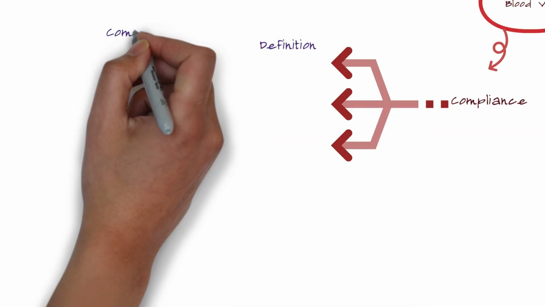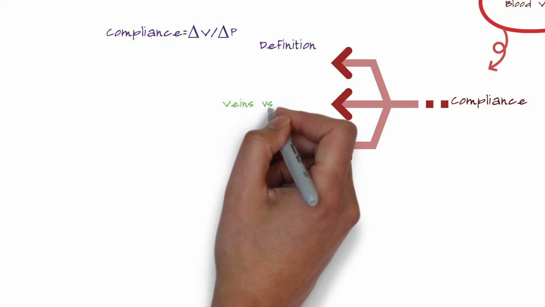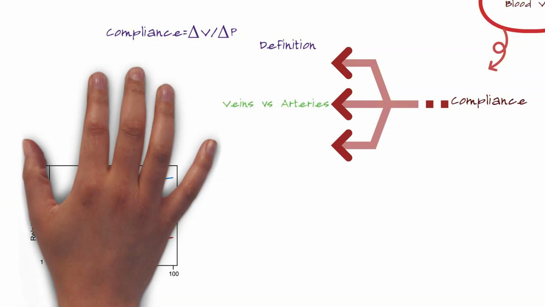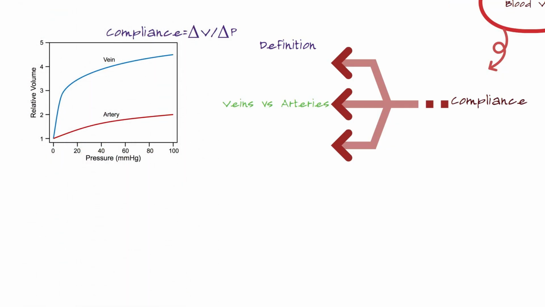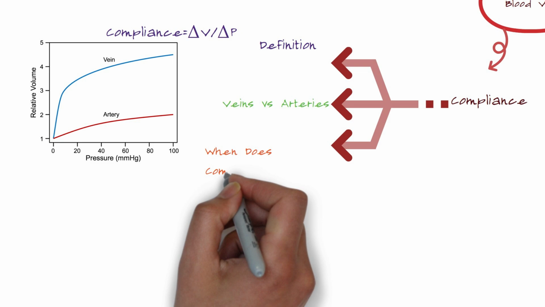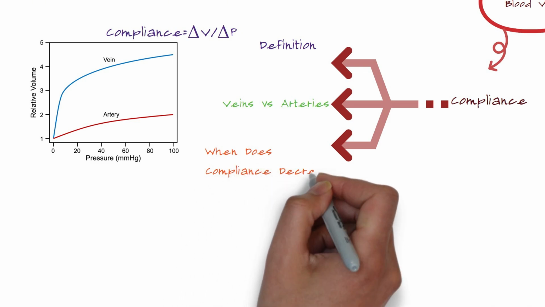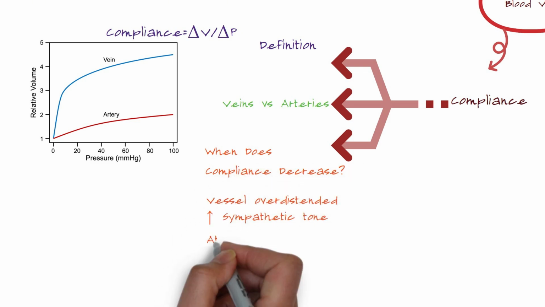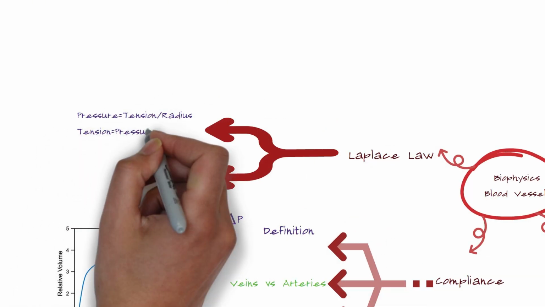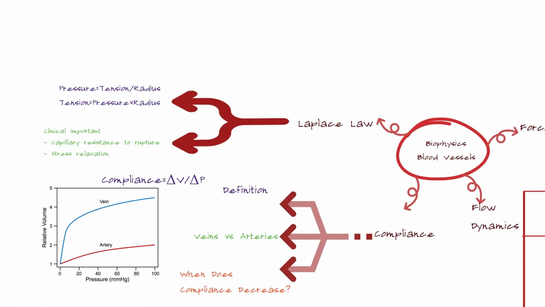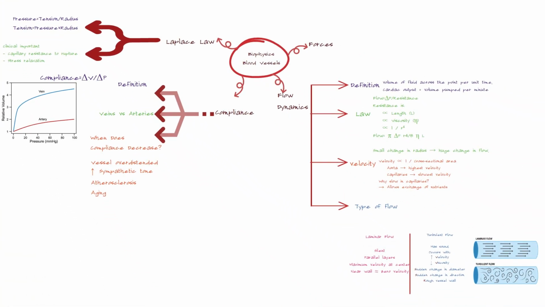After that, we discussed vascular compliance, the definition, and then we compared the compliance of the vein to the artery, and we identified the conditions which decrease the compliance. And finally, we talked about the Laplace law, which relates the pressure, the tension, and the radius.